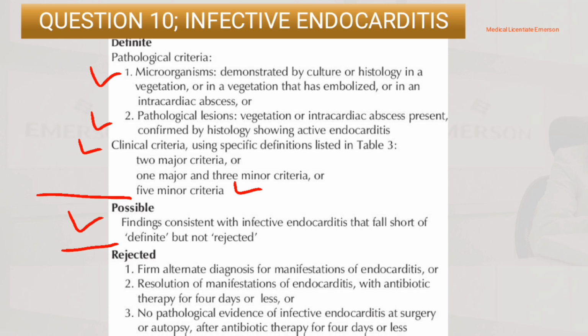Then for the rejected diagnosis, this is where we have a firm alternative diagnosis for the manifestation of endocarditis. Let's say someone who is a non-rheumatic heart disease patient comes to you and presents with signs of pneumonia, but when you look at whether they maybe have infective endocarditis, you find that it's actually just pointing toward the pneumonia.